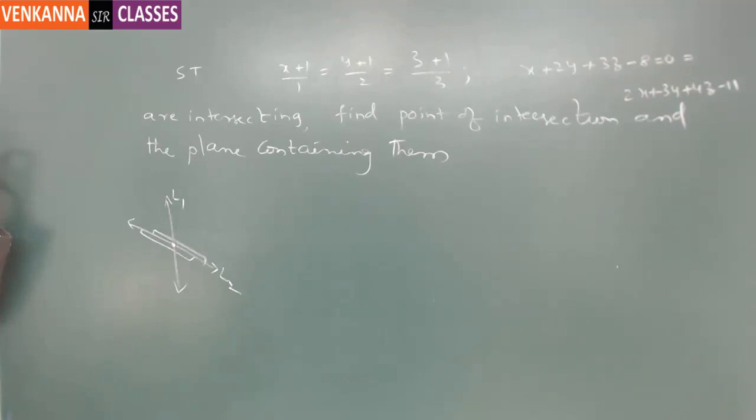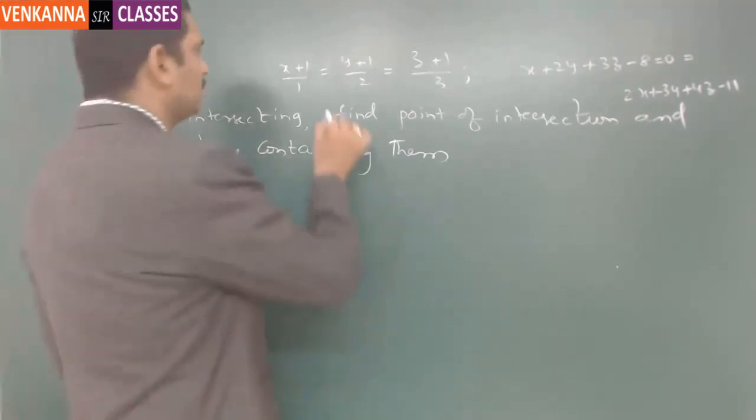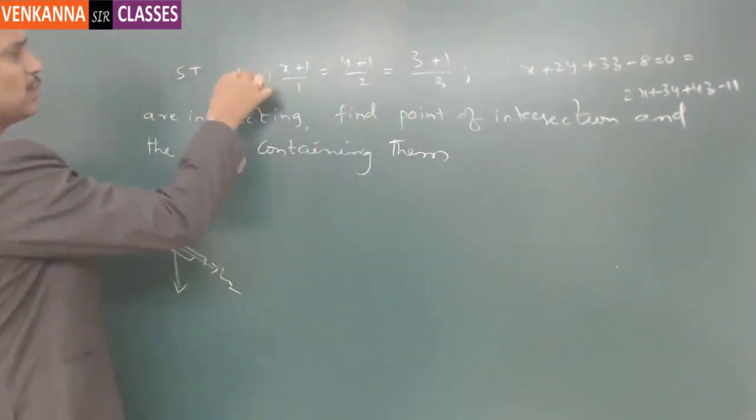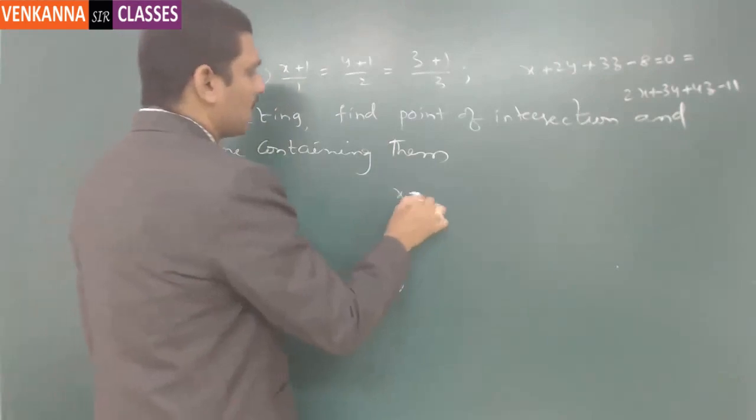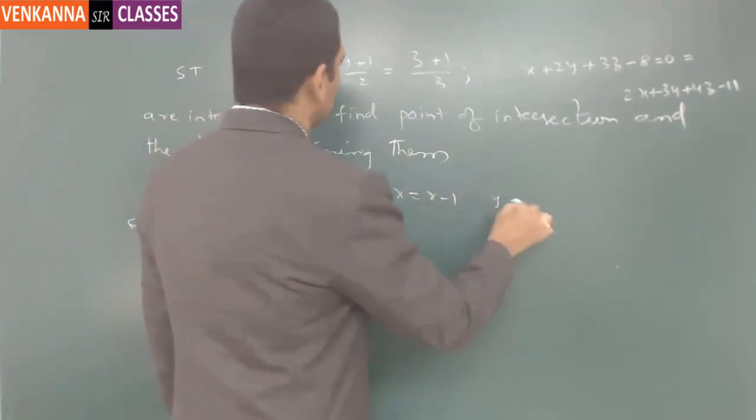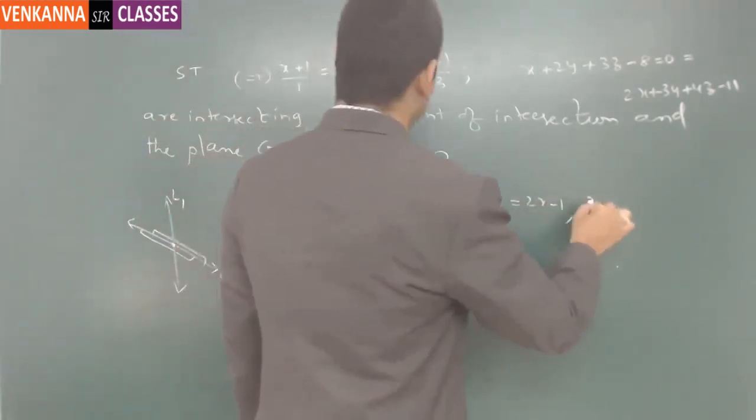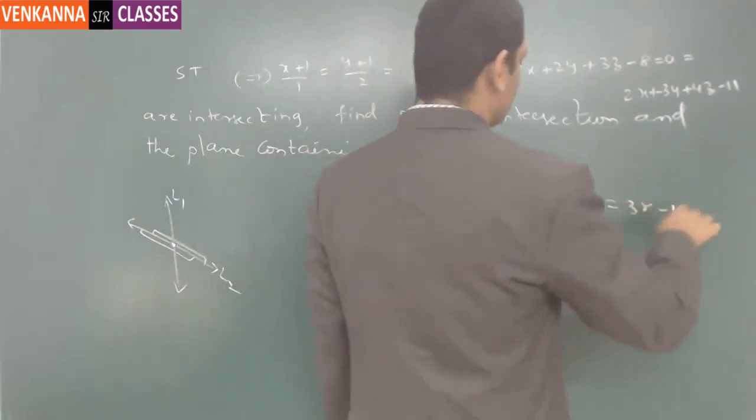Right. So for the first line, let us write the parametric form. If you take that this is equal to r, then x equal to r minus 1, y is equal to 2r minus 1, z is equal to 3r minus 1.